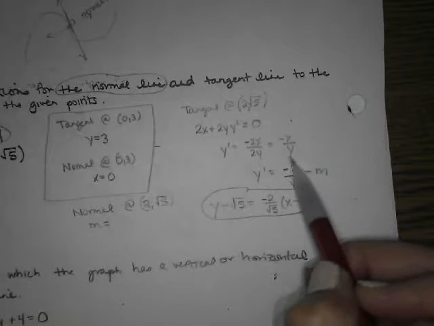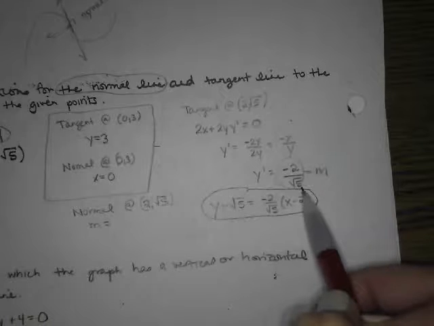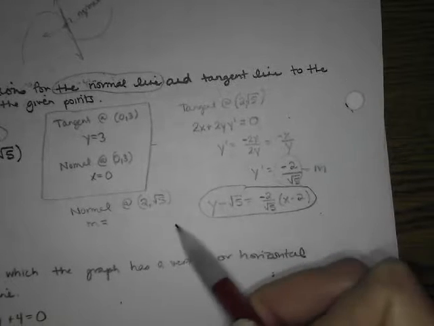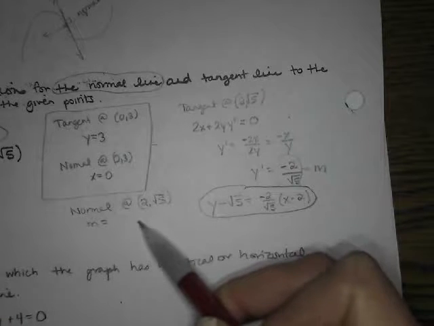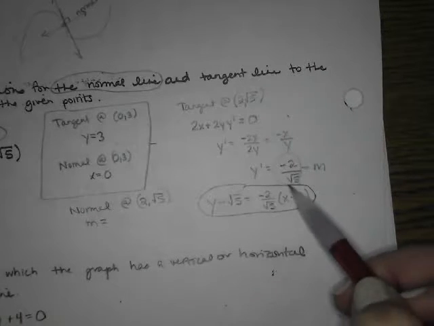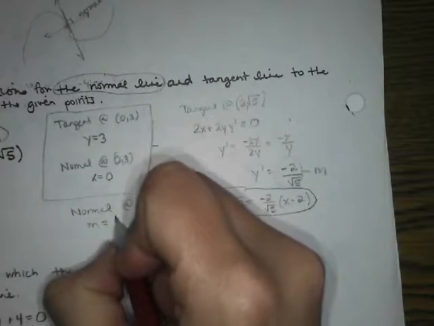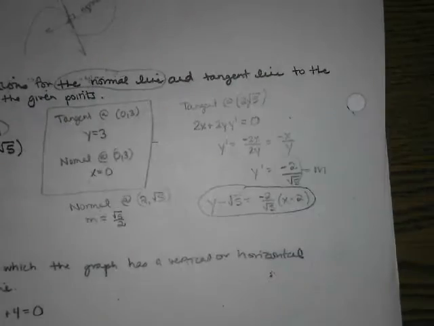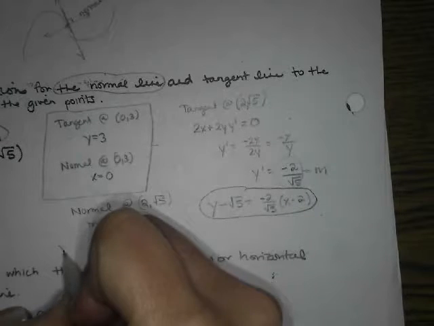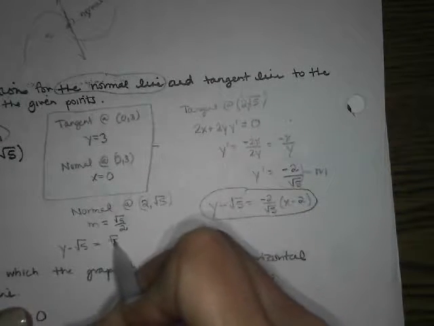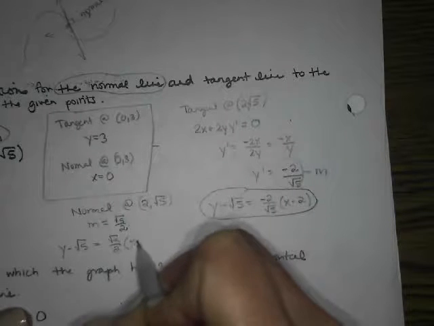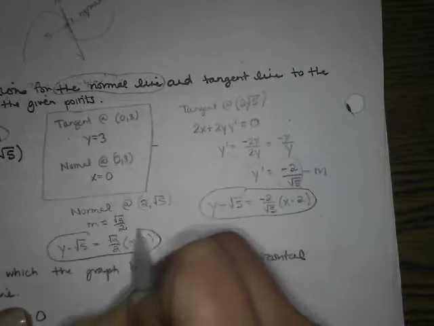So if the tangent line has a slope of negative 2 over root 5, then your normal line has to have the opposite, which means the negative is going to become a positive, reciprocal, which flips the numerator and denominator, root 5 over 2. And so our equation for that is going to be the same thing, point slope form, but you're just flip-flopping your slope. And there's your normal line.